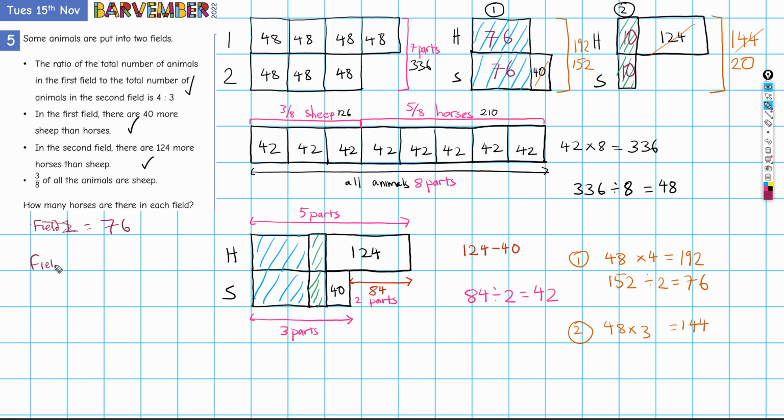And field 2, what have we got? Well, in field 2, we have 10 plus 124. So that is 134. Okay, and that's my final answer, and I do hope it helps.